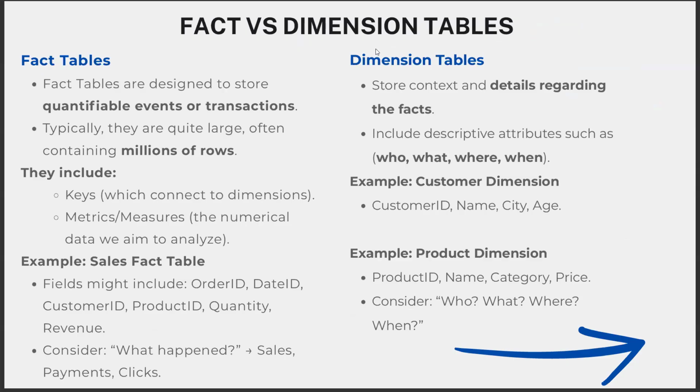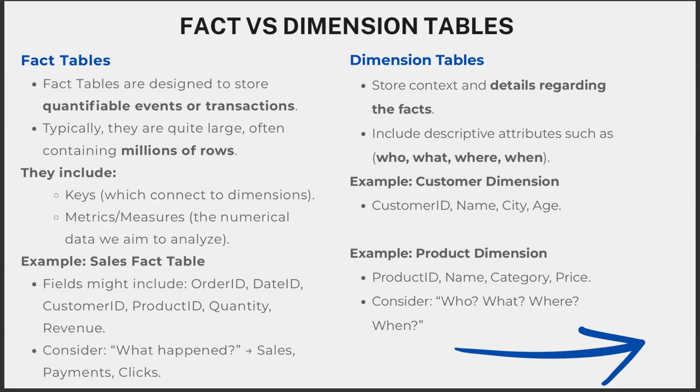Facts versus dimensions. Before we start explaining the difference between fact tables and dimension tables, I would like to explain something that we started last week. What is a schema first? Because facts and dimensions are two types of tables that we have in the data warehouse.